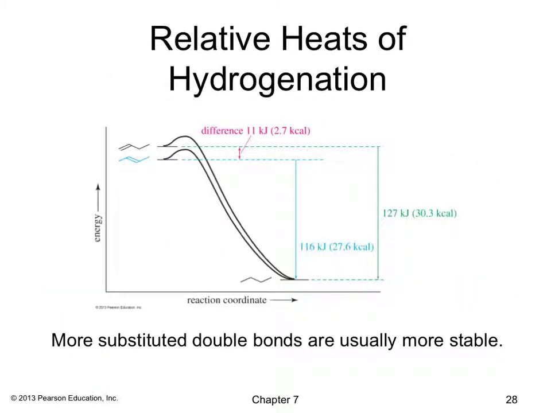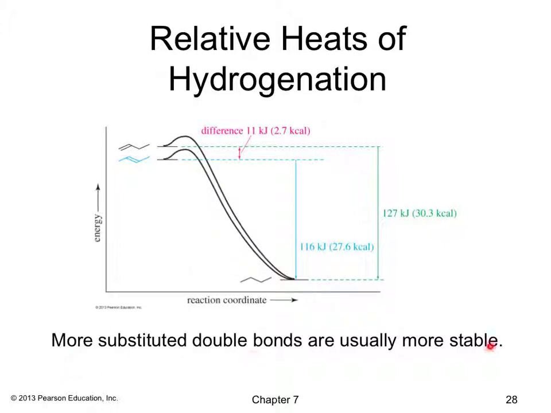So if we look at relative heats of hydrogenation, here's a terminal alkene versus the internal alkene that is trans. That difference is about 11 kilojoules. We had seen that the terminal alkene was 127 kilojoules, whereas in the case of the internal alkene that's trans, it's 116, so that difference is just 11 kilojoules, but they all go to the same products.